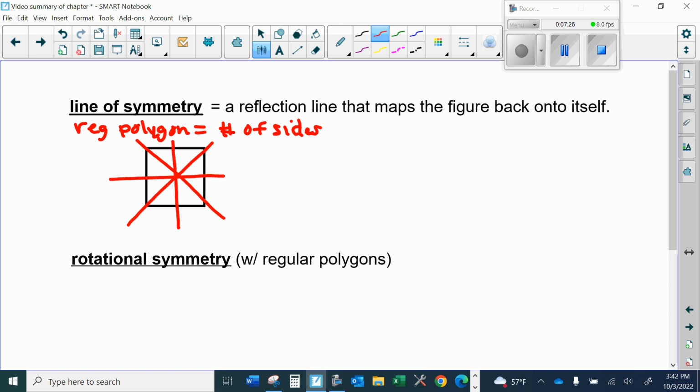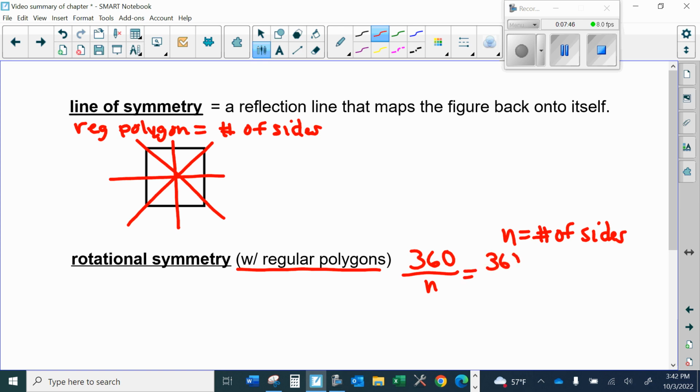If I have a regular hexagon, it would be 6. And rotational symmetry is always going to deal with regular polygons. Remember that formula is 360 divided by n, where n equals the number of sides. So if we had that square, 360 divided by 4 equals 90 degrees.